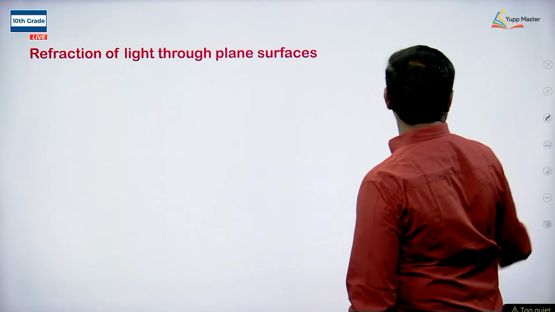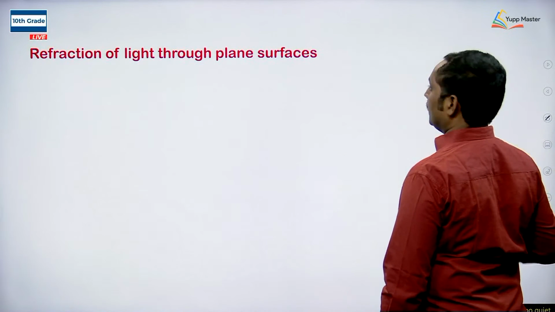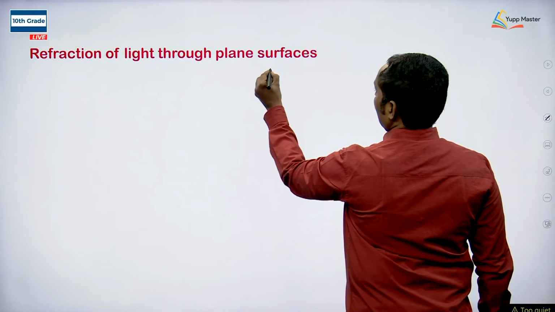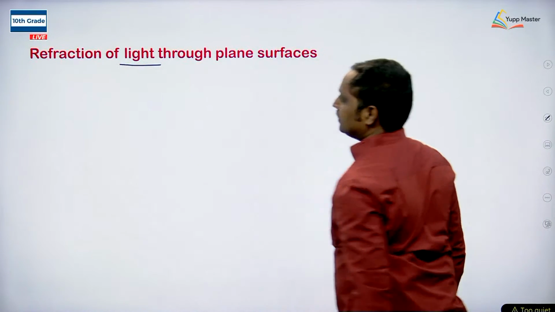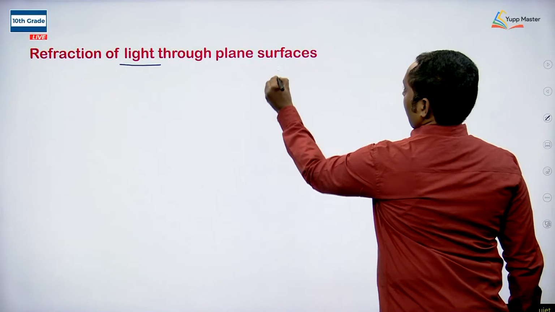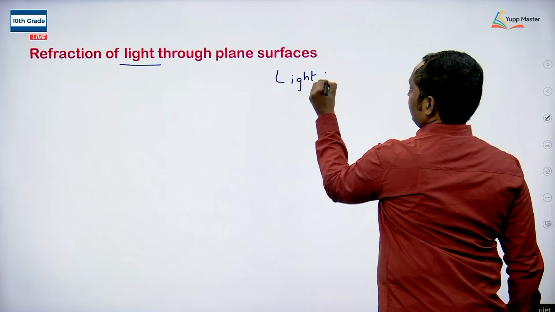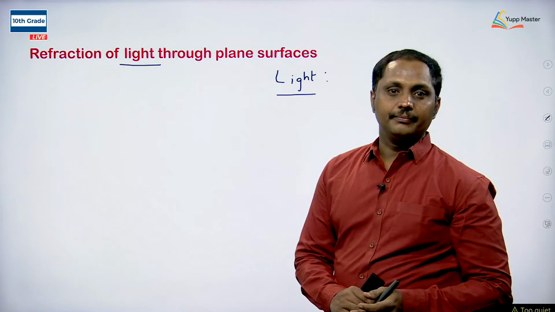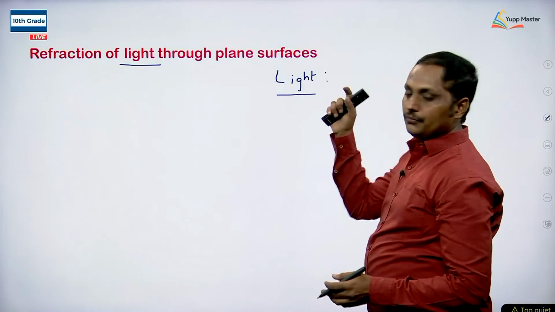If you are going to talk about light, light is a form of energy which is emitted from a source.